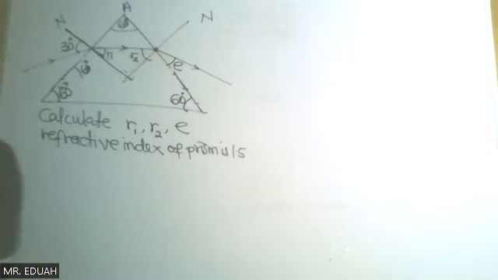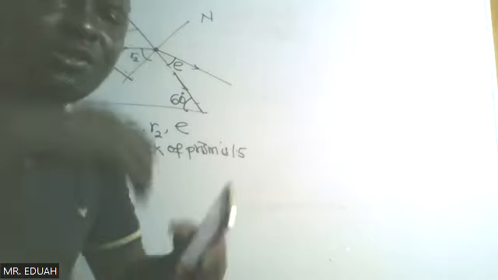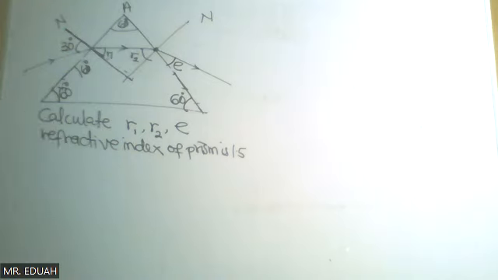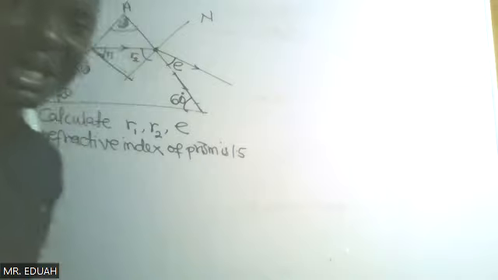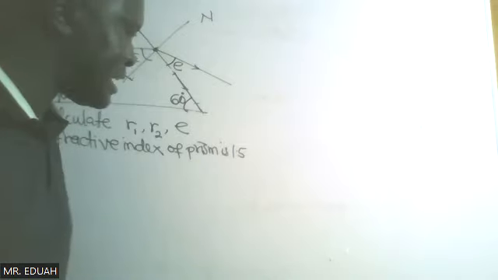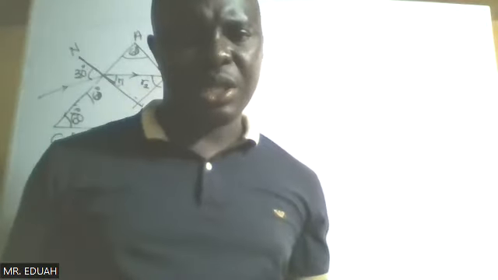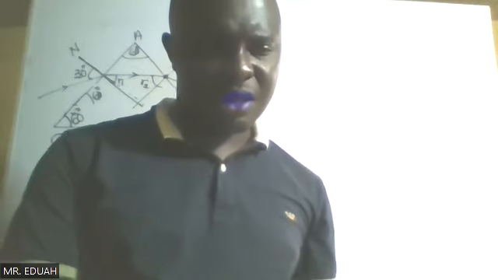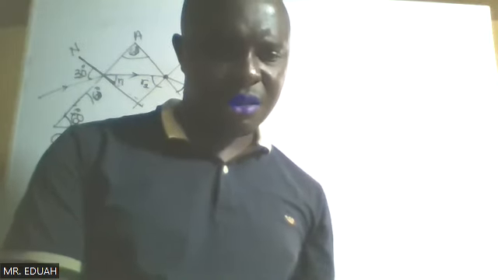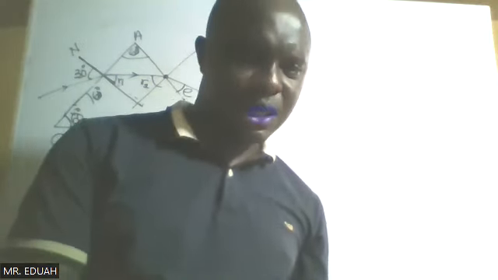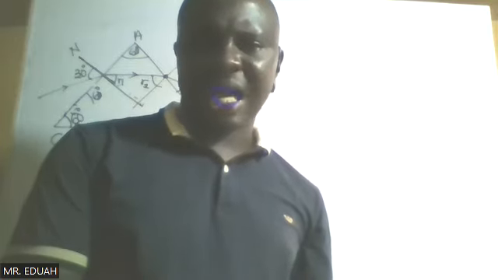There is no statement of minimum deviation for you to use the minimum deviation formula. There's nothing like the ray passes through the prism symmetrically for you to state that R1 is equal to R2. So I was surprised some of you were using the condition of minimum deviation. Next time, watch well, okay?